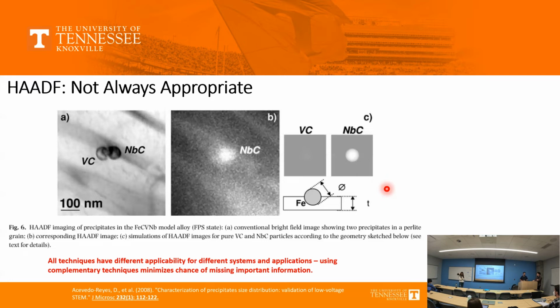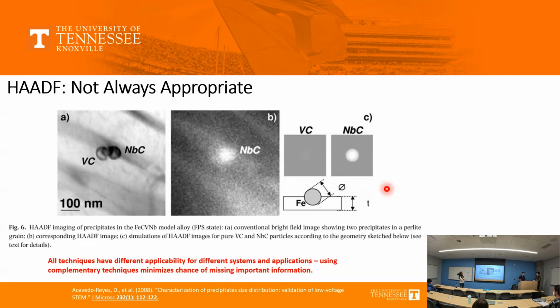To figure out what's going on, they used a technique I've seen in a good number of papers, which is to computationally simulate an expected image based on your microscope configuration and your sample characteristics.